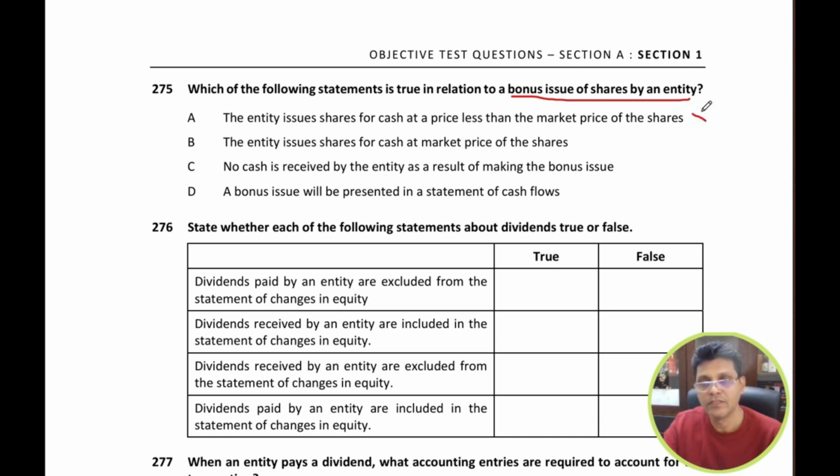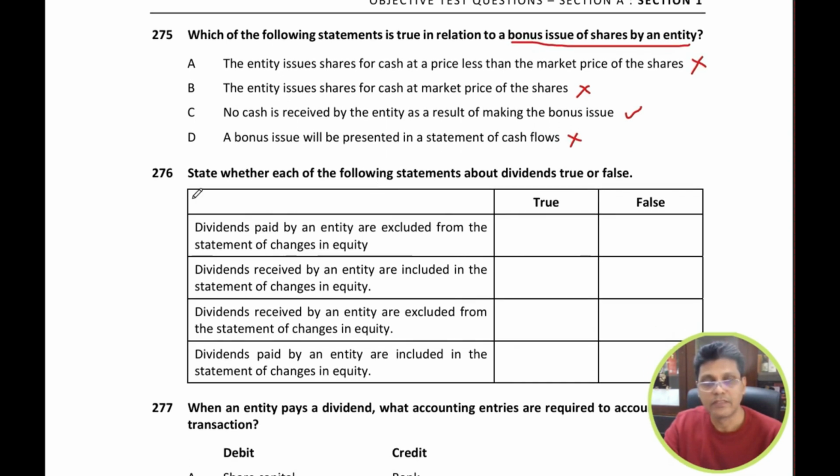No, this is not a bonus share issue. We call it a rights issue. The entity issues shares for cash at the market price of the shares. No, not correct. No cash is received by the entity as a result of making the bonus issue. Yes, this is correct. A bonus issue will be presented in a statement of cash flows. No, there is no cash inflow. Okay, now let's move on to the next question.